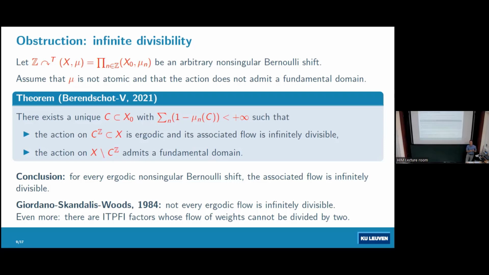So ITPFI_2 is a strict subset of ITPFI due to them because of this result of not dividing by 2.